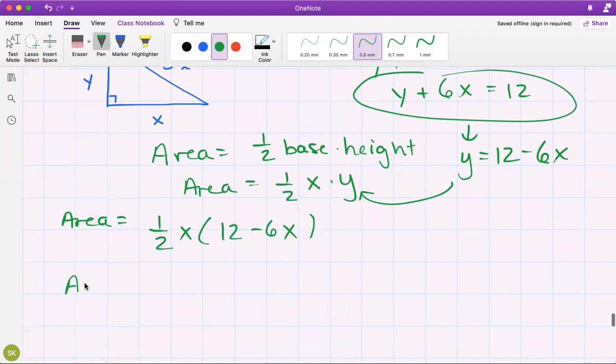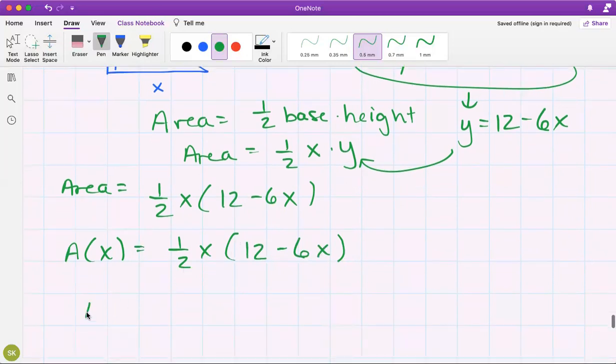And if you want, you can write this in functional notation. We can say A of x, which means the area. And your homework might ask you to actually simplify, I guess they call it simplifying this, but they want you to distribute. And you'll get 6x minus 3x squared.